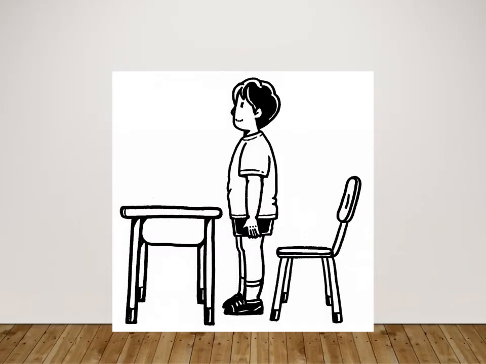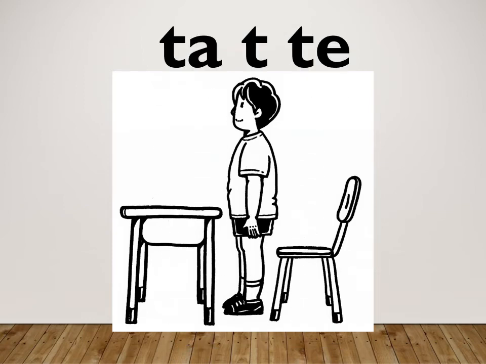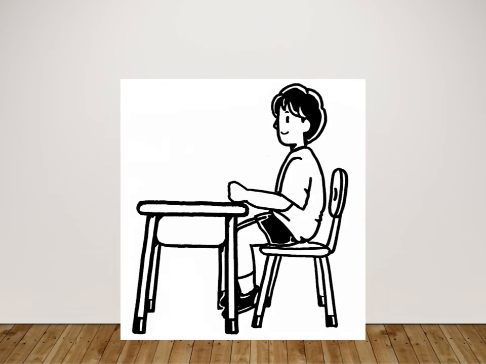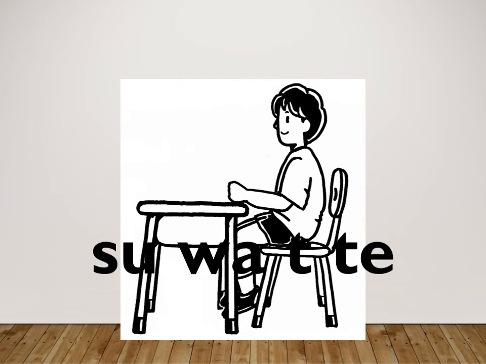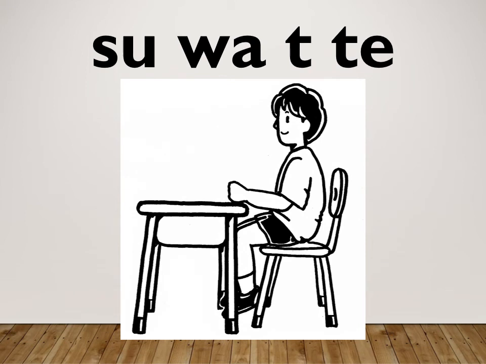Let's go through all the expressions you learned in this video. How do you say stand in Japanese? It is 立って. How do you say sit in Japanese? It is 座って.